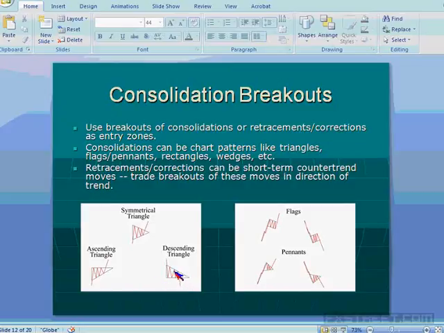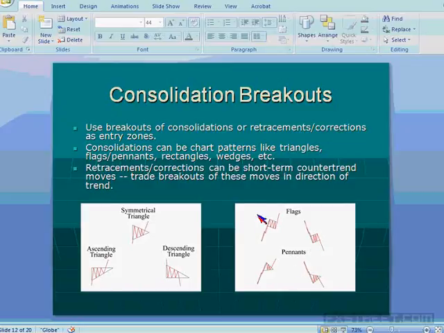But I really don't care about that. The theory of it is that descending triangles are bearishly biased, and ascending triangles bullishly biased, but don't get too caught up with these names and the theory of technical analysis. Just keep in mind what you're looking at. You're looking at price reaching a point of balance, of indecision, of hesitation, and you're looking for a breakout of that. And that's what I generally look for.